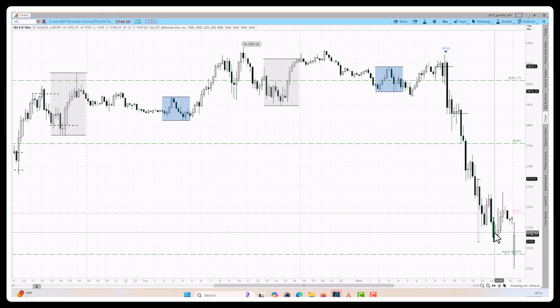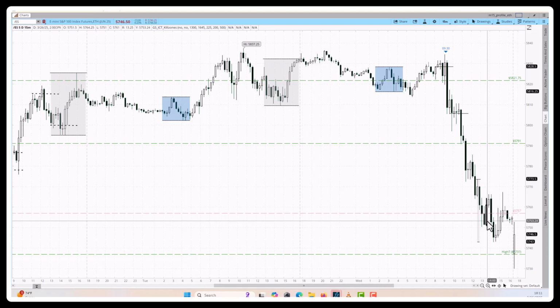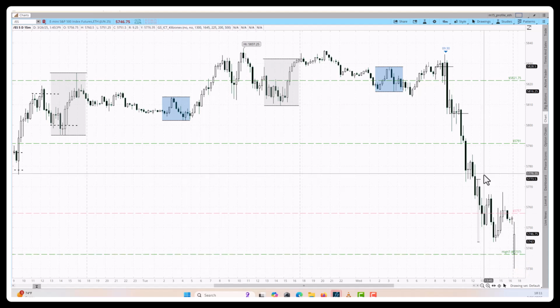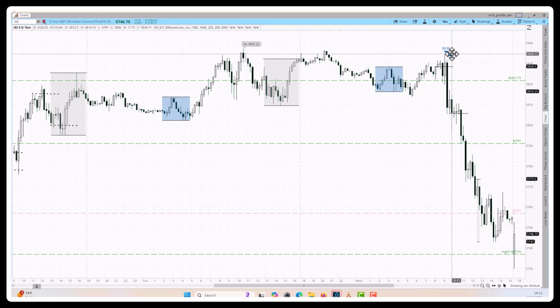So just be careful, because on a sell day, if you go long, you have to take quick profits and get out. So we see the huge sell right here at 11:15, right? It consolidates around 1, 2, 3, 4, 5.